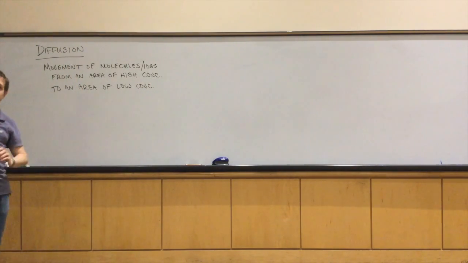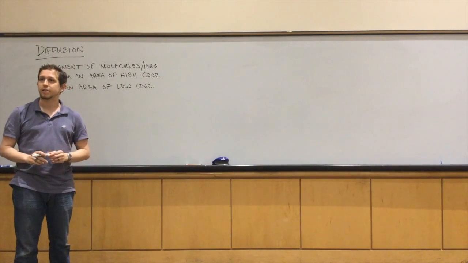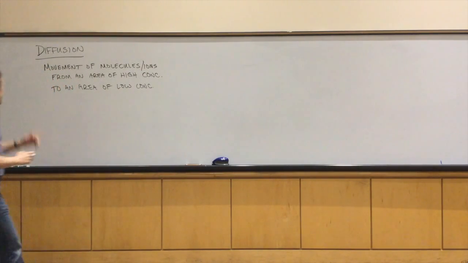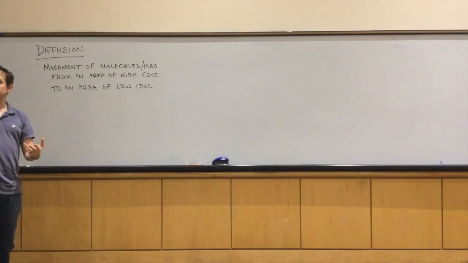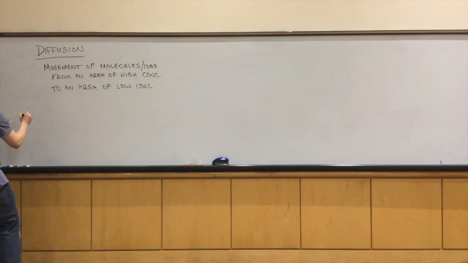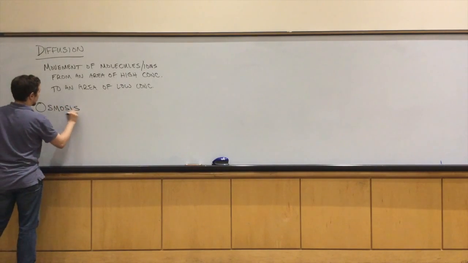The only time we ever see them going up it, which we didn't cover in lab, was during the instance of active transport. Okay? Now, there's one other type of diffusion that you also learned about during this lab, and that particular type of diffusion was called osmosis.